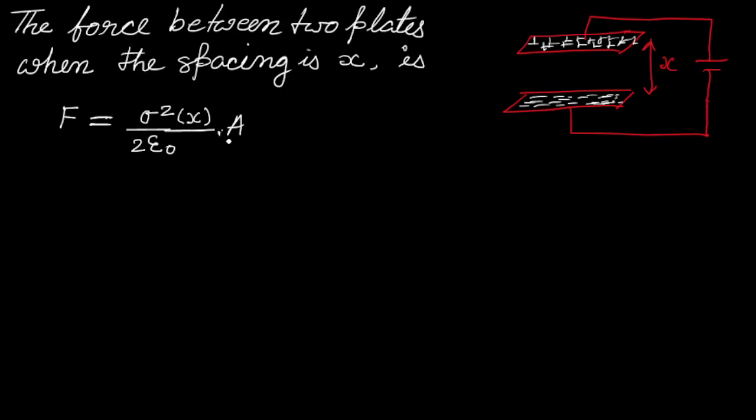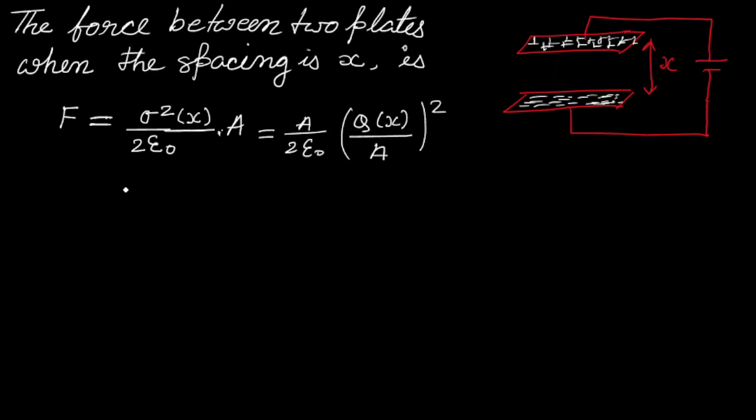Now we can write this sigma in terms of the capacitor when the separation between them is x. Let's say when the separation is x, the charge on the capacitor is q. So sigma is equal to q, which will be a function of x, divided by the cross section area.